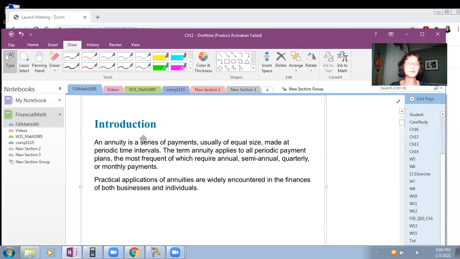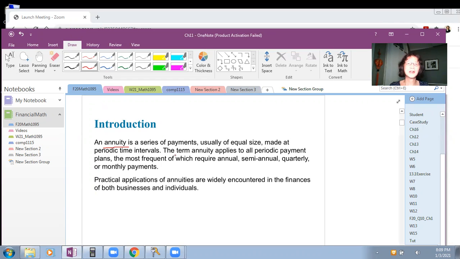So first, what is an annuity? It is a series of payments. For example, if you rent an apartment, you make a payment every month. If you buy a house, you make a payment every month.